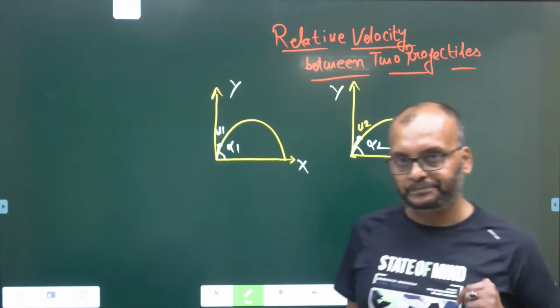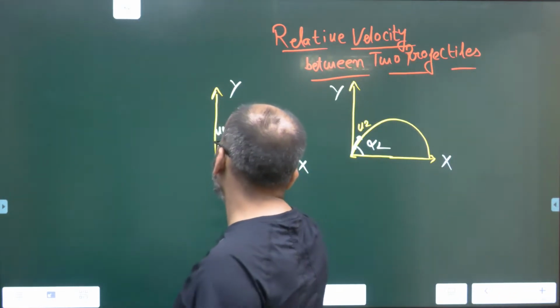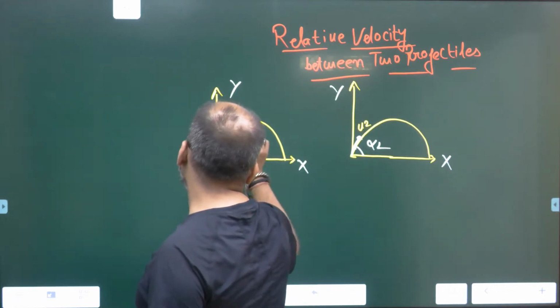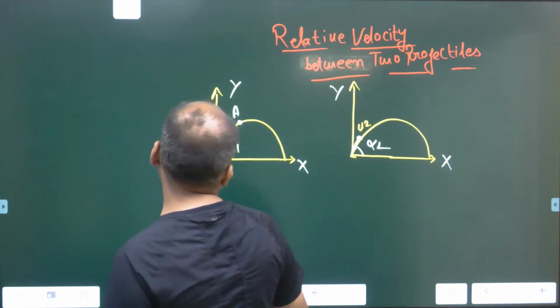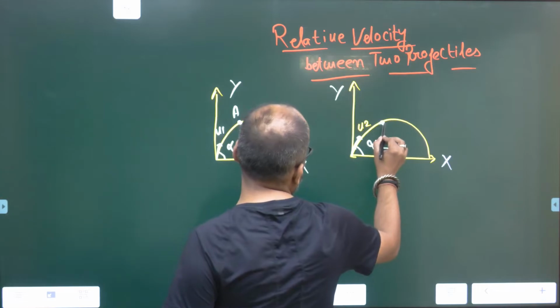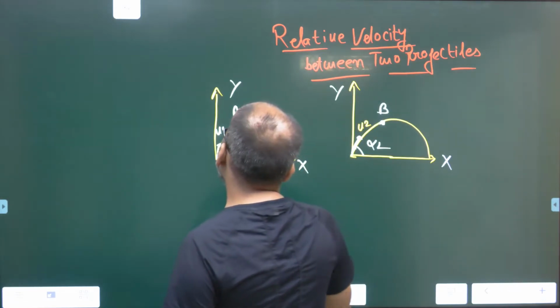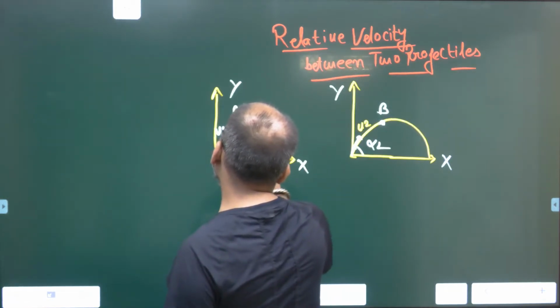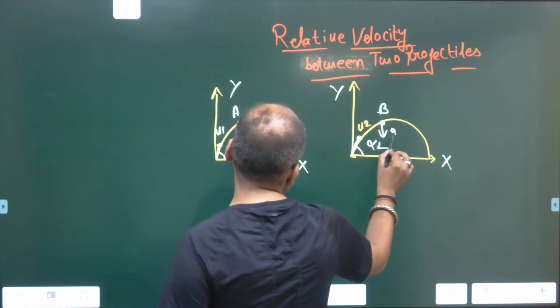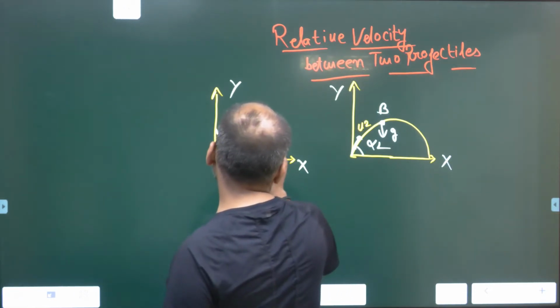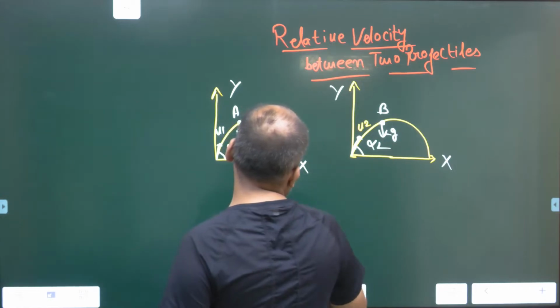Now, if this body reaches some point, let's say this point called A, and this body reaches some point, let's say B. So, gravity will act on both of them. Minus g, minus g.